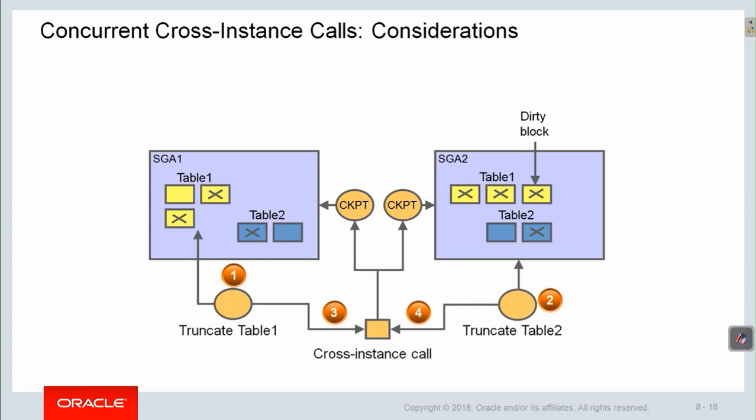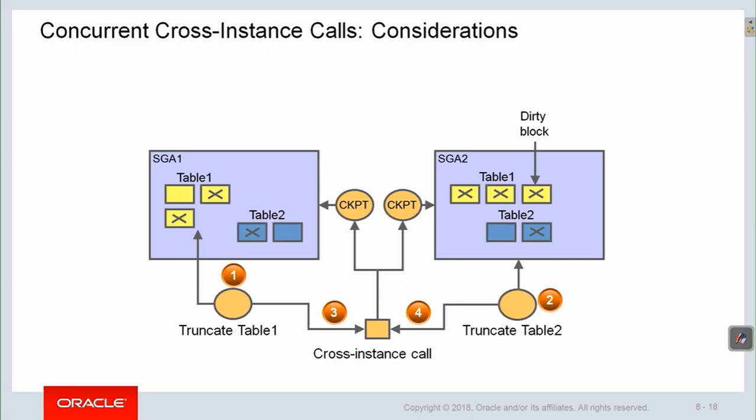So when you issue the truncate command, there will be a cross-instance call to identify dirty blocks across instances, and then flush those dirty blocks to disk as part of an object level checkpoint or table level checkpoint.